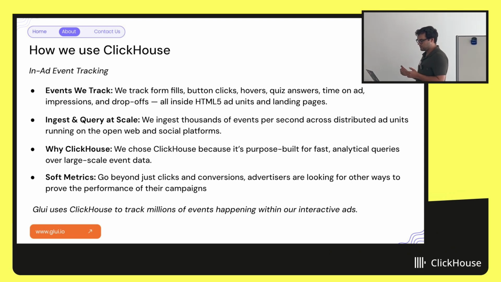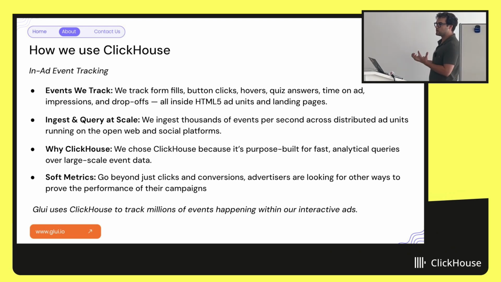So this is how we use ClickHouse. We use it for our in-ad event tracking. We track form fills, button clicks, hovers, quiz answers, time in ad, impressions, drop-offs, all inside our HTML5 ad units and landing pages. Because we're in the programmatic advertising space, where it's really easy for large-scale impressions to happen very quickly, we deliver our ads to our clients, and then they serve them on websites.